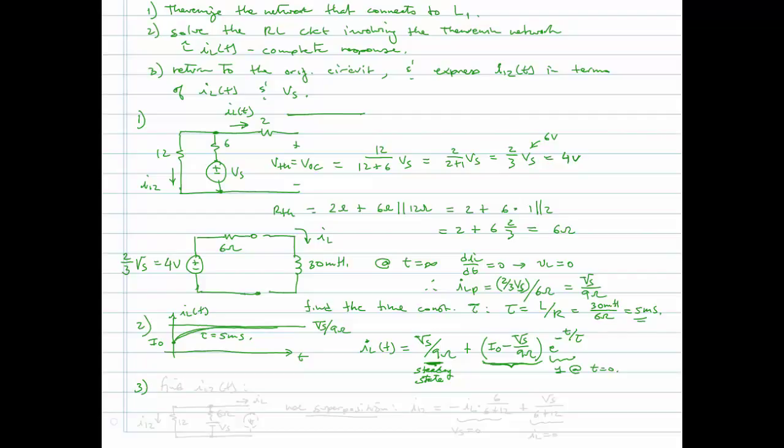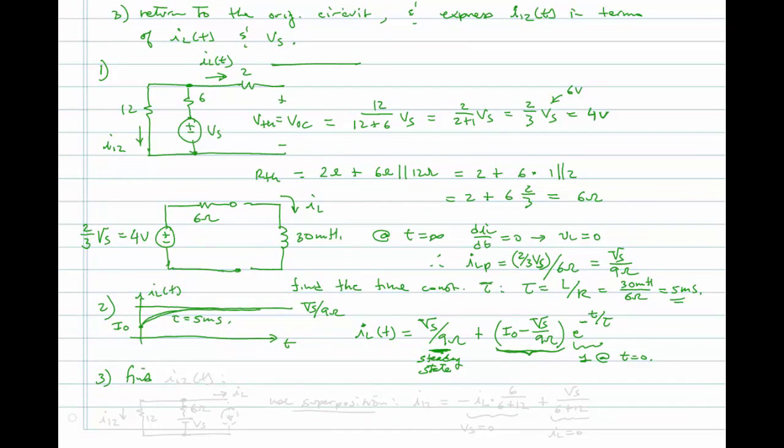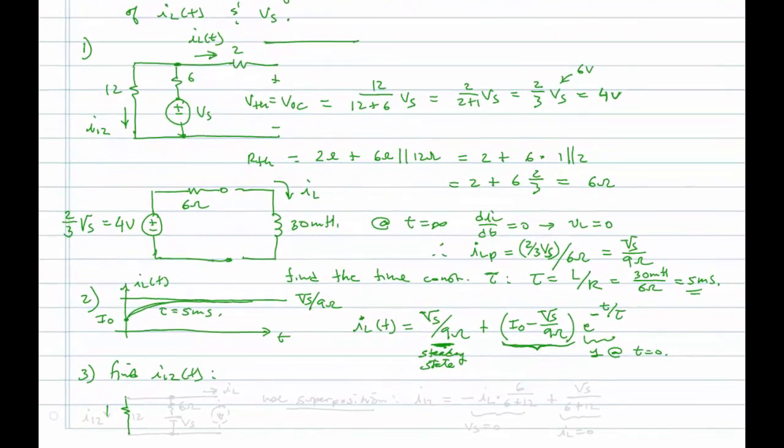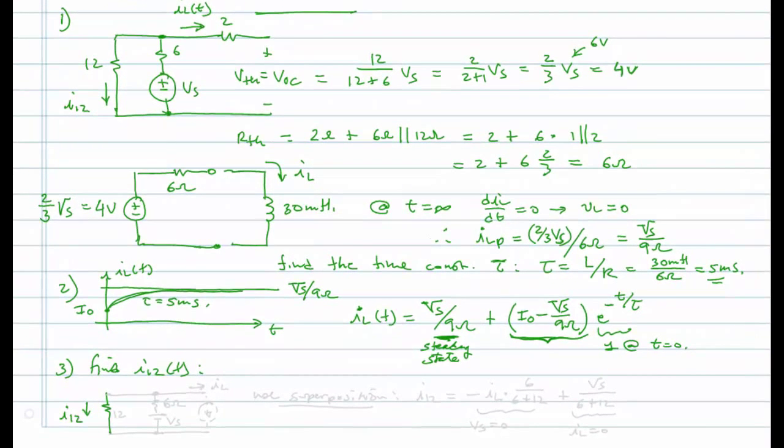So now we can do this several ways. We can do a superposition, which is what I'm going to do. Let me redraw this just to be clear about this. Find I12 of t. Okay, so we have the 12 ohms, we have the 6 ohms and our Vs, and then we have IL.